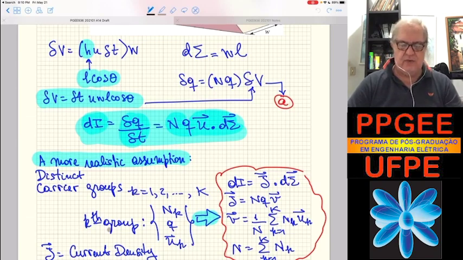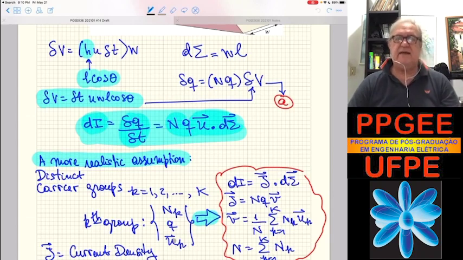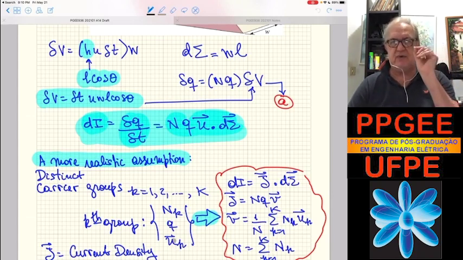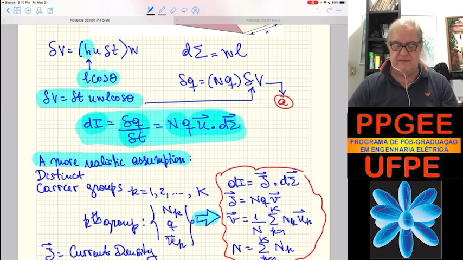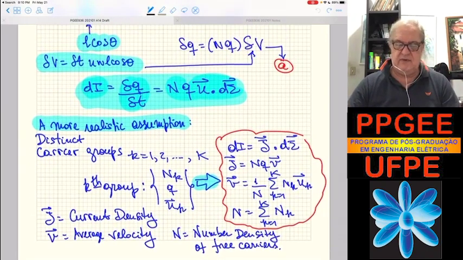The kth group has associated with it a density which is nk. The charge can be the same. Then we see what happens if we modify the charge. And the velocity: all the carriers in that group have the same velocity. The group might be only one particle, only one carrier, okay? But if you have several, then you have several at the same velocity. That's okay.